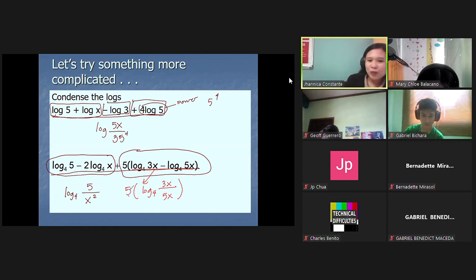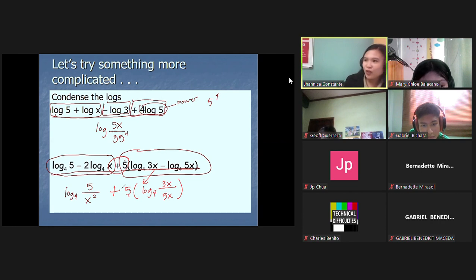So 5, what are we going to do with the 5? Since it has an operation, which is addition, plus 5. So logarithmic 4, 5 over x squared plus 5 times the quantity of logarithmic 4, 3x over 5x.